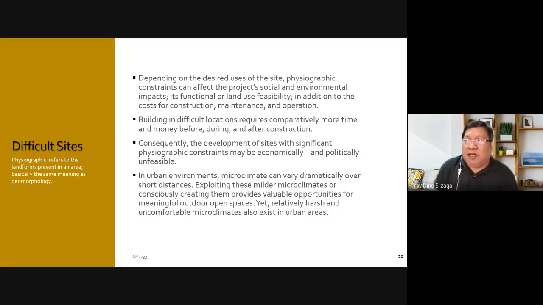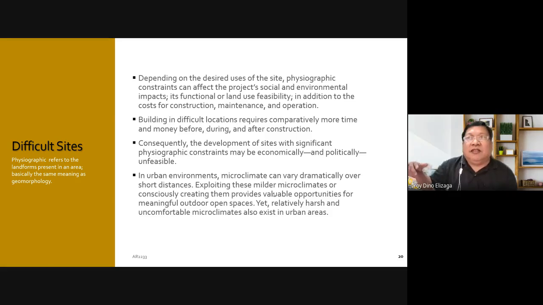For example, if it's very windy in general, the moment that it goes into our property, we can control the wind, the direction of the wind, the velocity of the wind, or even the heat from the sun. If it's going to be very hot, we provide trees, or we provide overhangs to make it not so glaring, and then we provide a fan to cool down the heat so that it's now cooler.